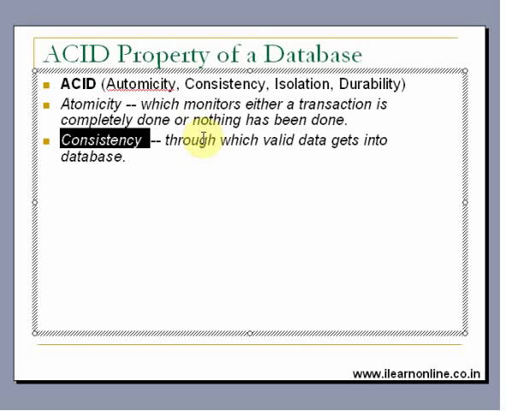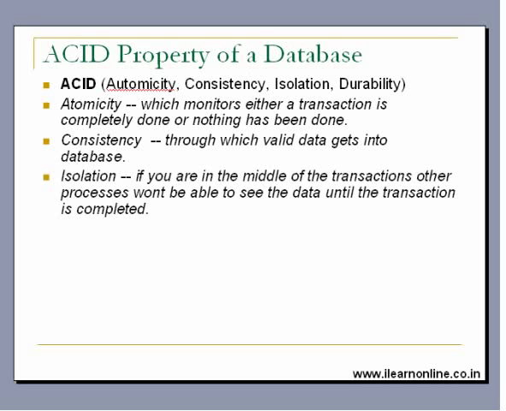If we define any kind of a rule or a constraint through which we make sure we run our business in a proper way, then we cannot bypass that rule. That is the consistency of the data, which gives us good quality data to run the business. And then the next one is isolation.